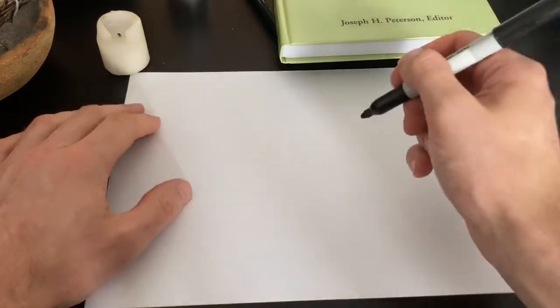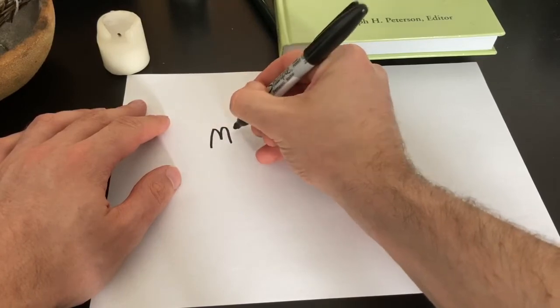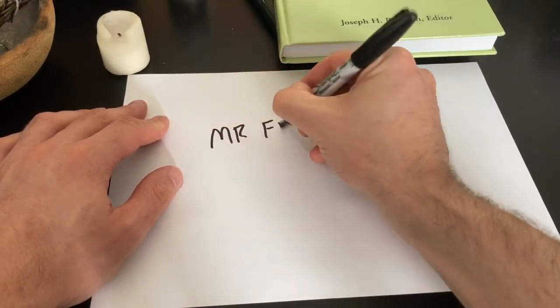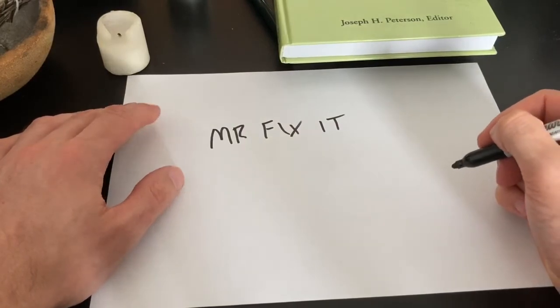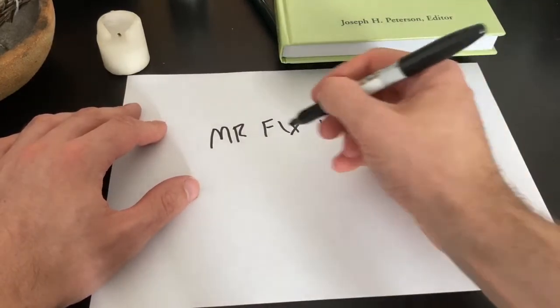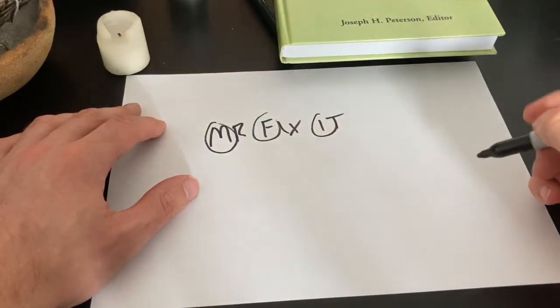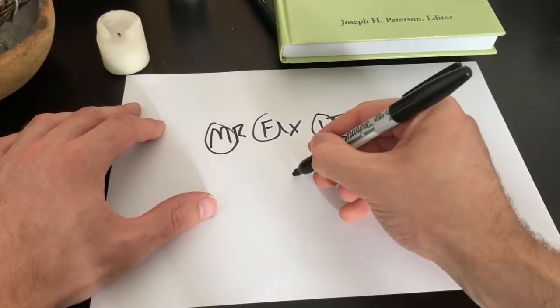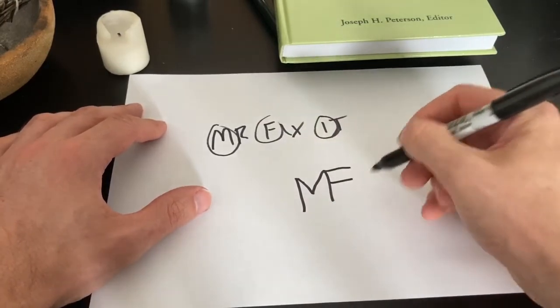For example, if I had a building company called Mr. Fix It, and I decided to create a sigil with the letters M, F and I, what I could do is incorporate that.